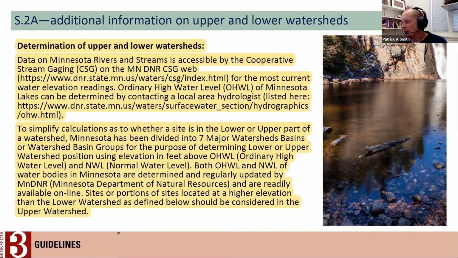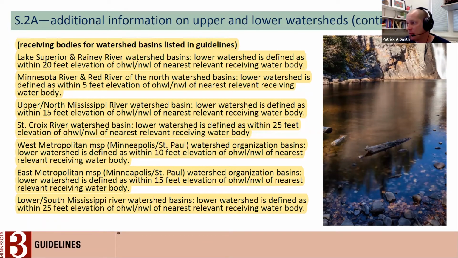This piece of the guidelines is intended to identify those areas that are useful for aquifer recharge and, whenever possible, to take advantage of those opportunities to get that water back into the aquifers through these project sites. We have listed out specific receiving bodies for these different watersheds, and then what the different height boundaries are for what should be considered uplands or lowlands of those watersheds relative to those receiving bodies.